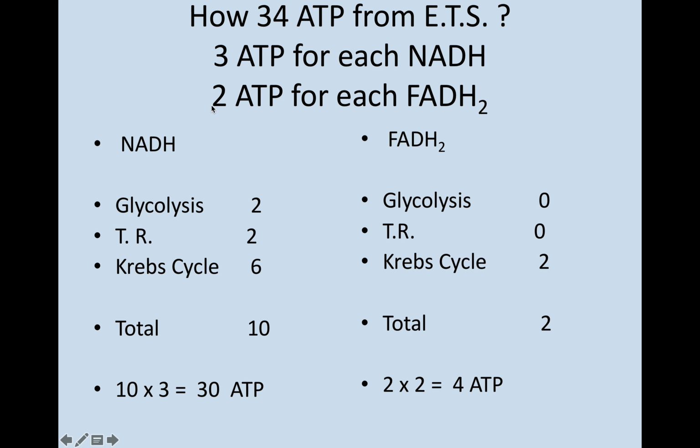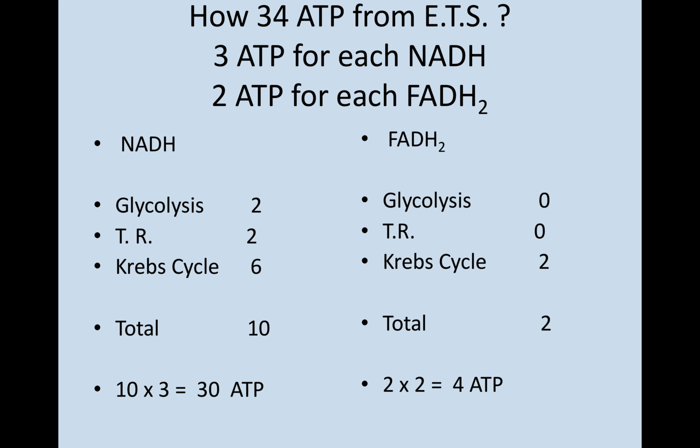We get 2 ATP for every FADH2. 2 times 2 is 4. So 30 plus 4, 34 ATP. Now remember, we got 4 ATP from glycolysis and the Krebs cycle. So 34 plus 4, 38 ATP theoretical yield for 1 molecule of glucose.